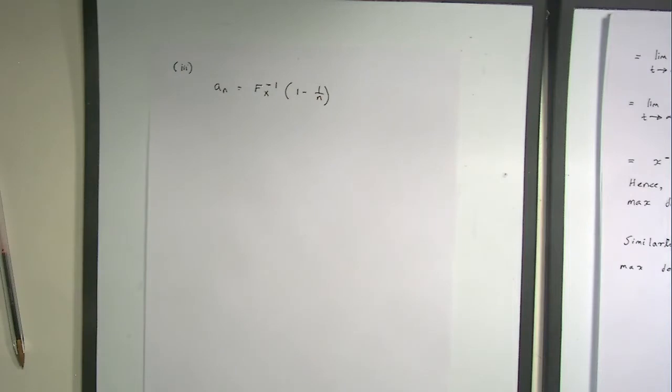Remember, if you look at the formulas I gave you, the formula for a_n is the inverse function of the CDF of X at 1 minus 1 over n.